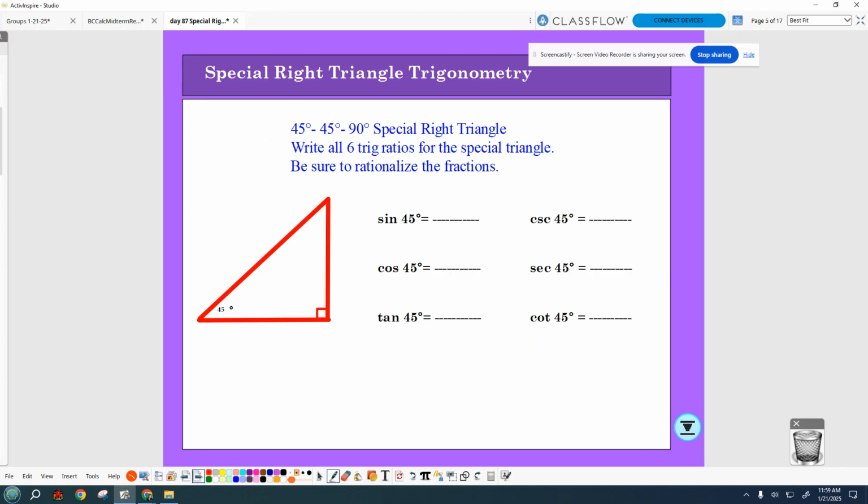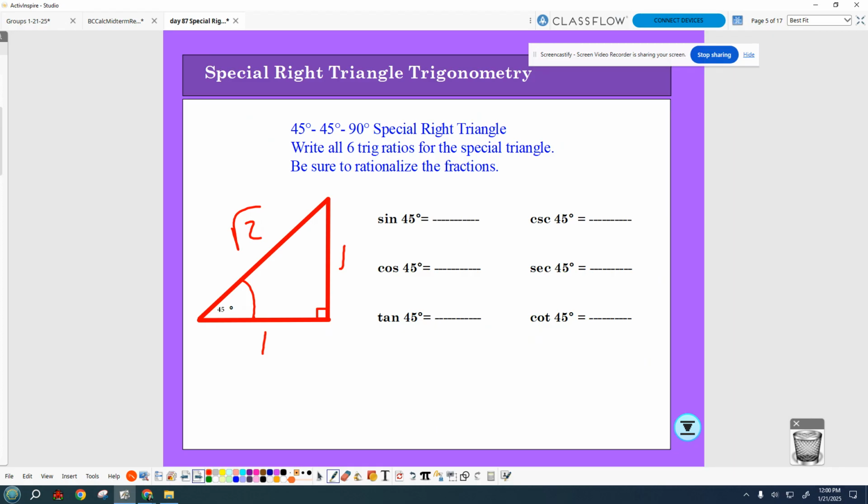Really, the point of this is, if you know that triangle, you should be able to answer all of these questions. Conchetta, looking at it, sine of 45 degrees. There's 45, sine is opposite over hypotenuse.